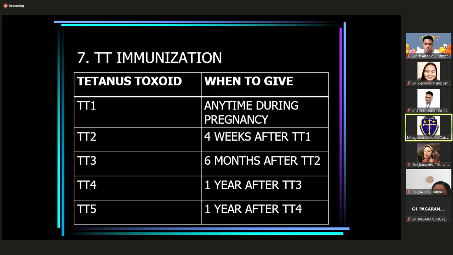Hanggang TT2 lang. So, ibig sabihin yan, okay, the mother would repeat again, TT1, when she gets pregnant again. So, in order for the mother not to forget, it is our own initiative, guys, to make a table. And then, advise the mother, no, to put it where she can see it always.